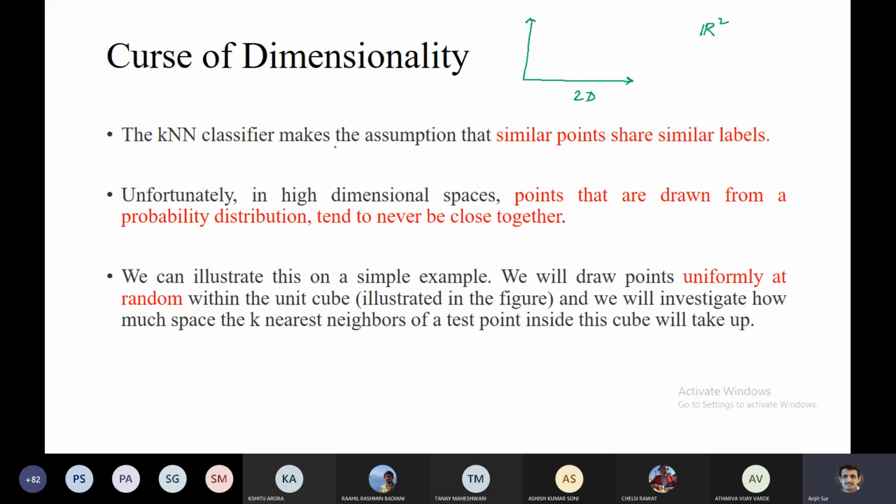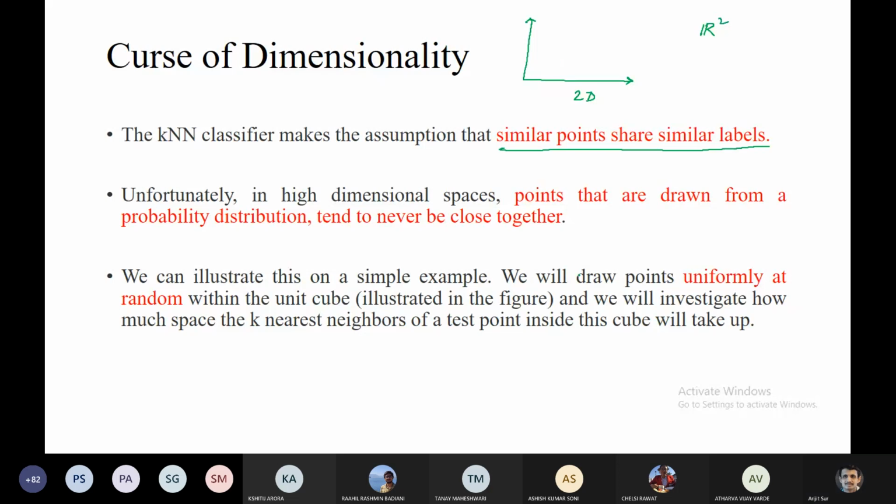The KNN classifier makes the assumption that similar points share similar labels. That assumption we have understood: if a point is close to the cluster center, it will be of that kind.